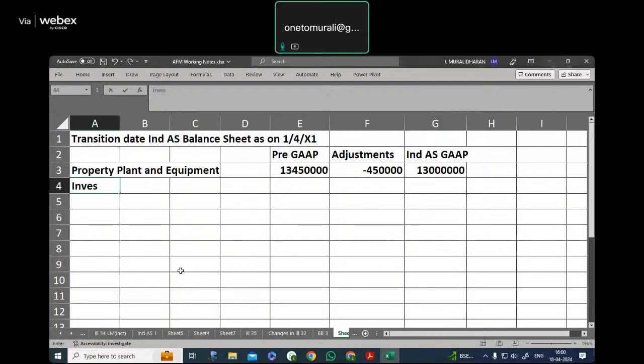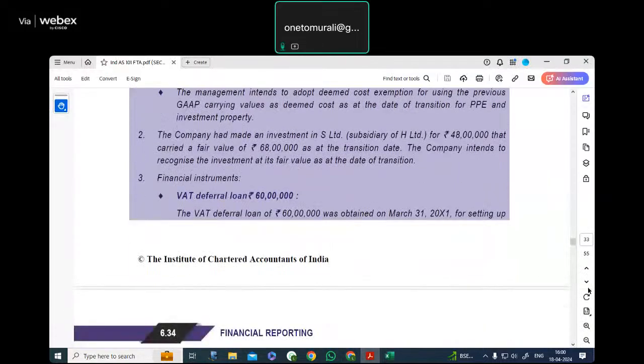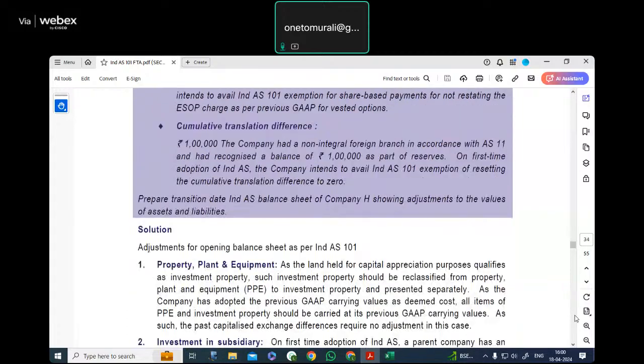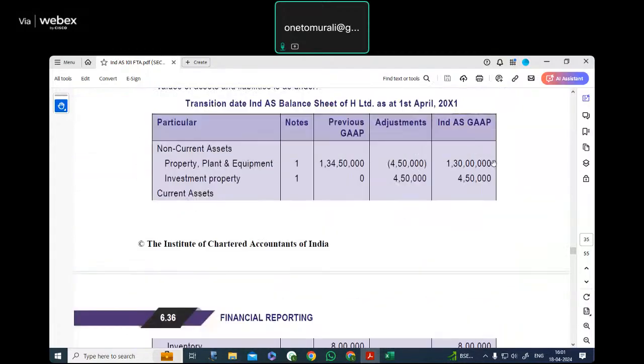So investment property, previously 0. Now that you have this, it is 450,000. So this is what we understand. Let's go through and find out what exactly they've done. So this was shown with negative and this had just come, right?